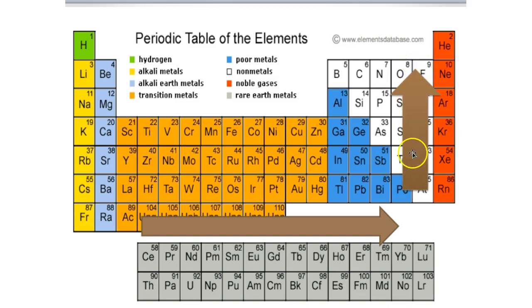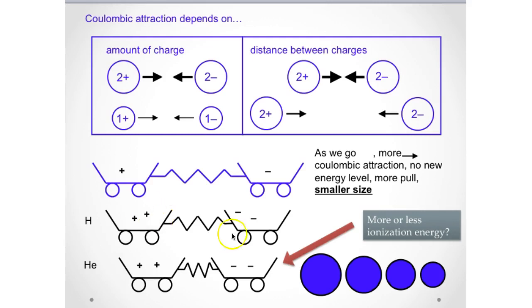Okay, everything gets smaller as we move up. And if something is very small, very tight, then you're going to need a lot of energy to remove an electron because the nucleus is really holding on to those electrons. So the smaller something is, the more energy you're going to need to pull an electron.